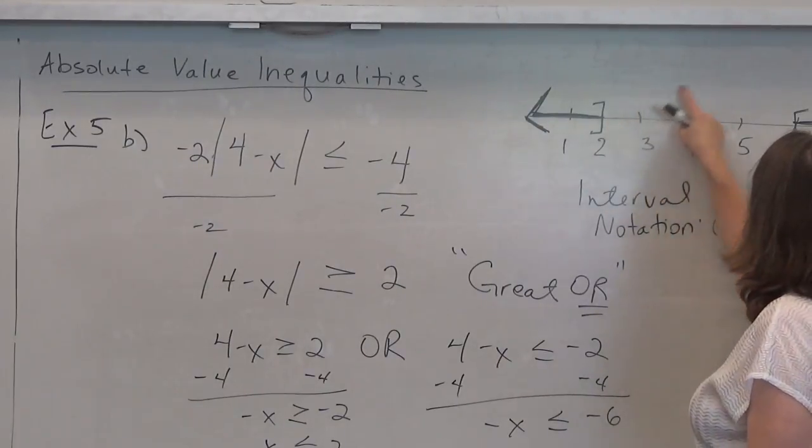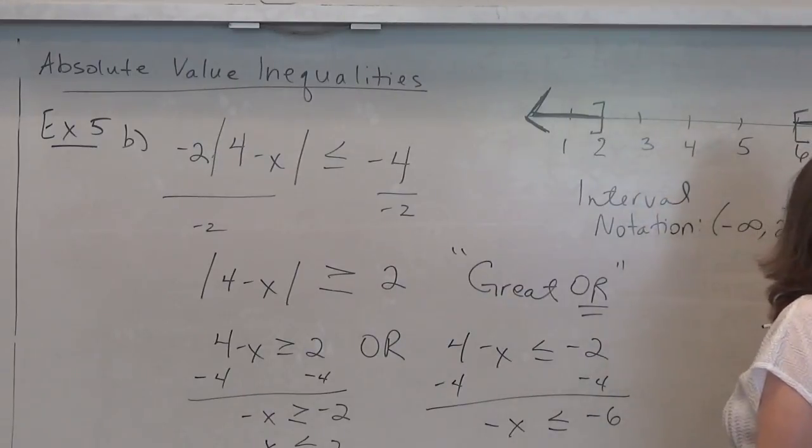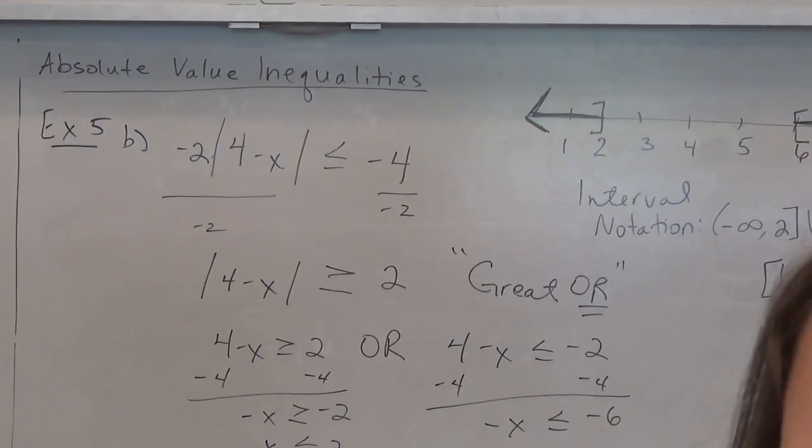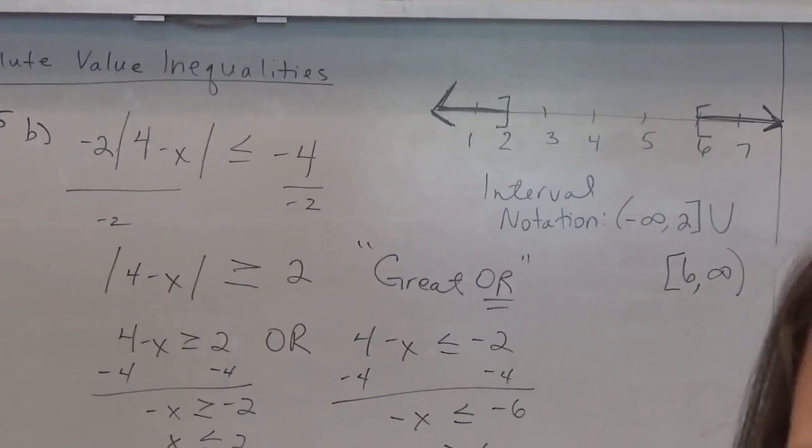Union, because you've got a gap, so we put the union symbol, and then you can do square bracket, and I apologize, I'm running out of space. Square bracket 6, comma, infinity, parentheses. So parentheses negative infinity to 2, union, square bracket 6, comma, infinity with parentheses. There's a better view.